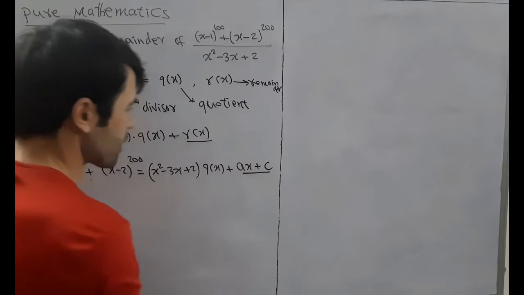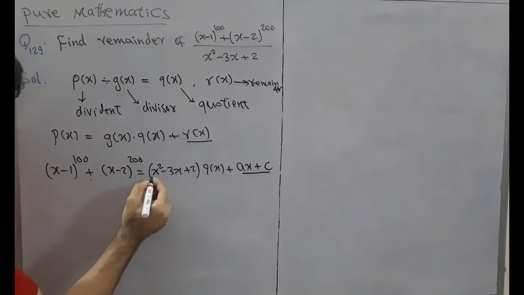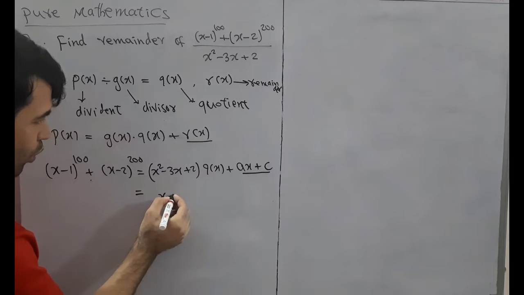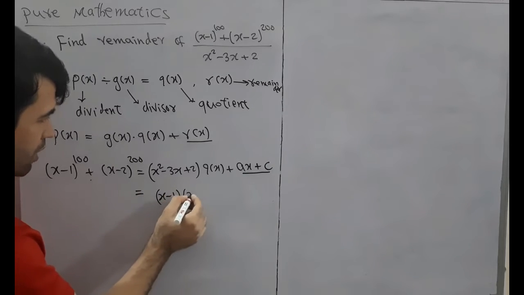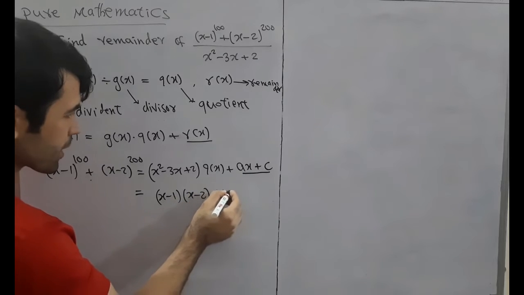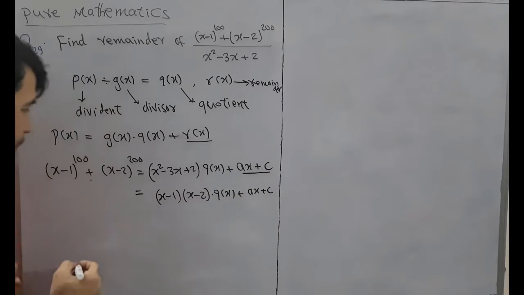We assume that it is the remainder of this division. Now we factor this polynomial: (x minus 1) into (x minus 2) into q(x) plus ax plus c.